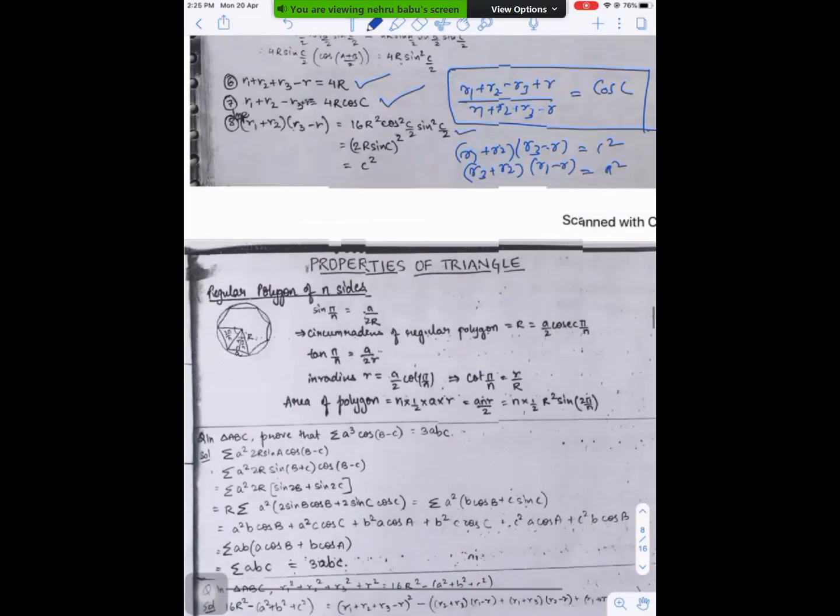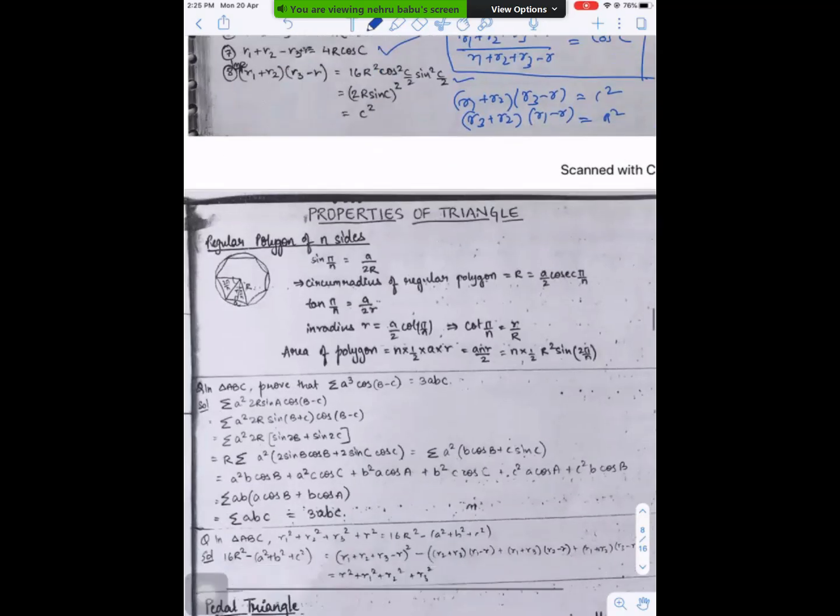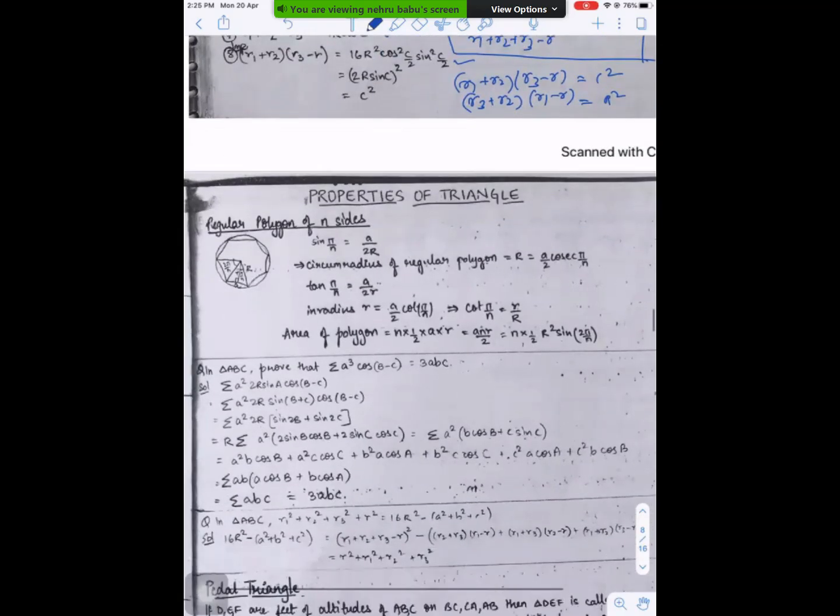Next, the regular polygon formula is also there. Just here you have to remember the notation. If you take this as a regular polygon side, and this is the center, then obviously this is the inradius, this is a circumradius, and this is also a circumradius. The full angle is 2 pi by n, so half of that angle is pi by n, and the side length, if you assume it as a, is bisected into a by 2, a by 2.